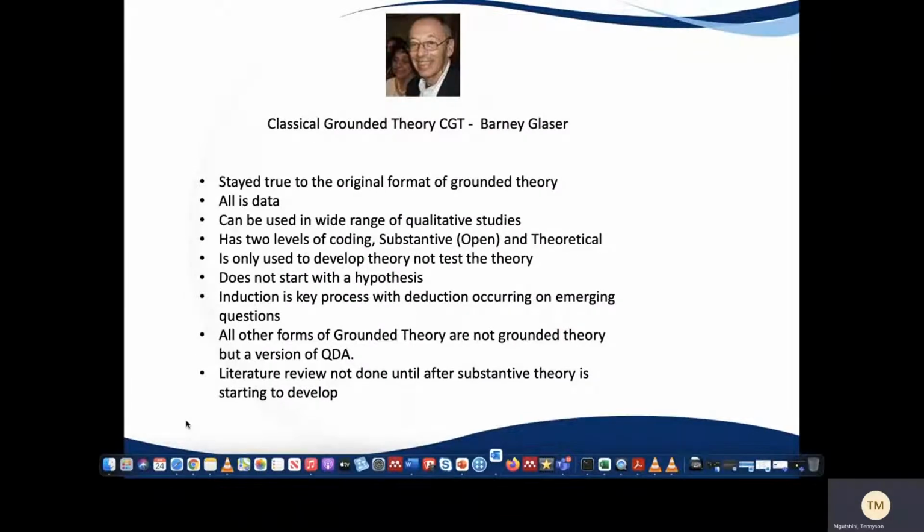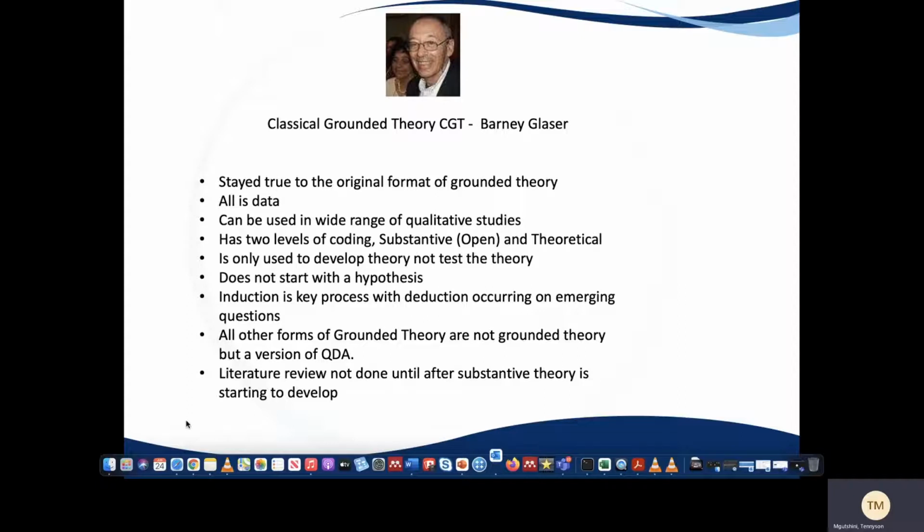And then, of course, this classical grounded theory is what Barney Glaser has stuck with, and it has a number of principles, and one of them is that it believes that everything that you come across is a form of data, and that it also is a type of grounded theory that can be used in varied qualitative study contexts.